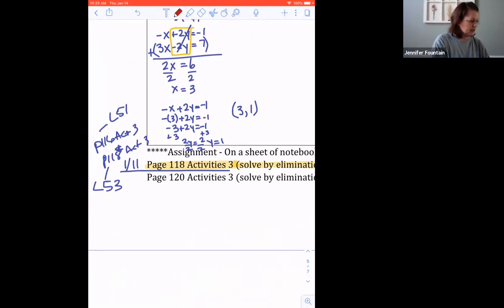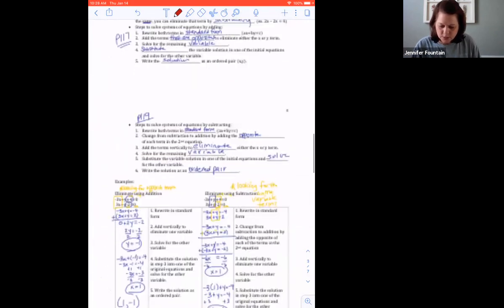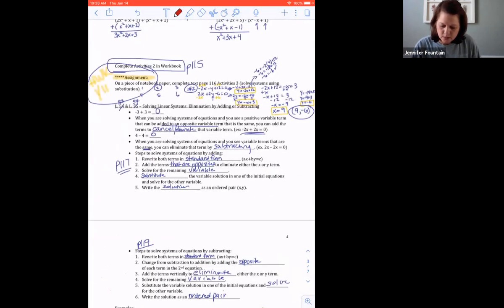So let's see. Hold on a second. Let me look at this because that doesn't correspond. So page 115. Activities 2.